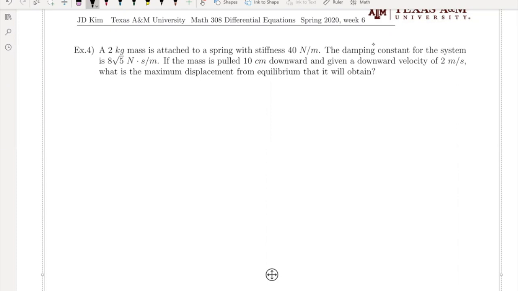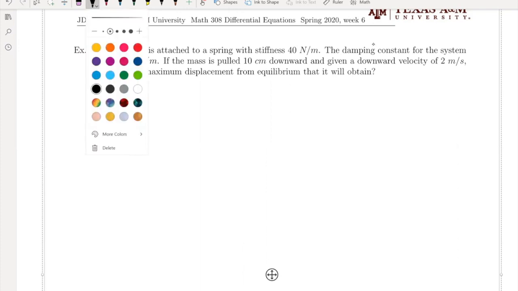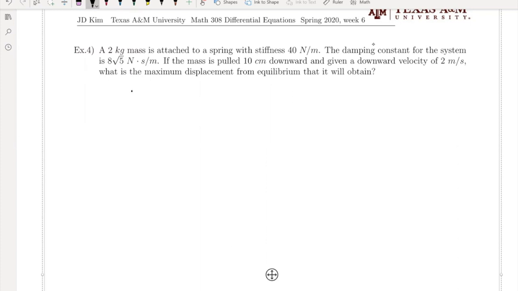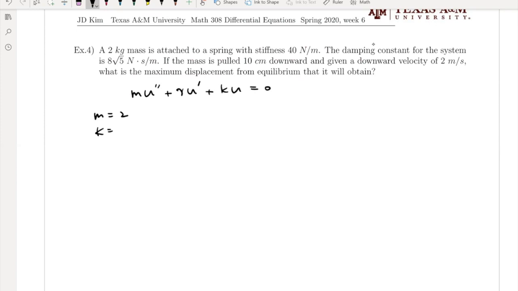So here we go. Since we know about this model, we can write the differential equation for this one, okay? It is m u double prime plus gamma u prime plus k u equal to 0. There's no external force, okay? They said the spring stiffness is 40, which is the spring constant, so your k is 40.